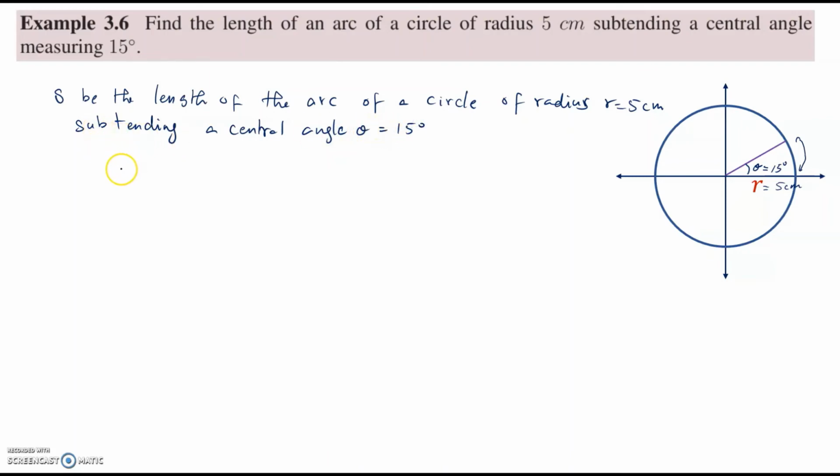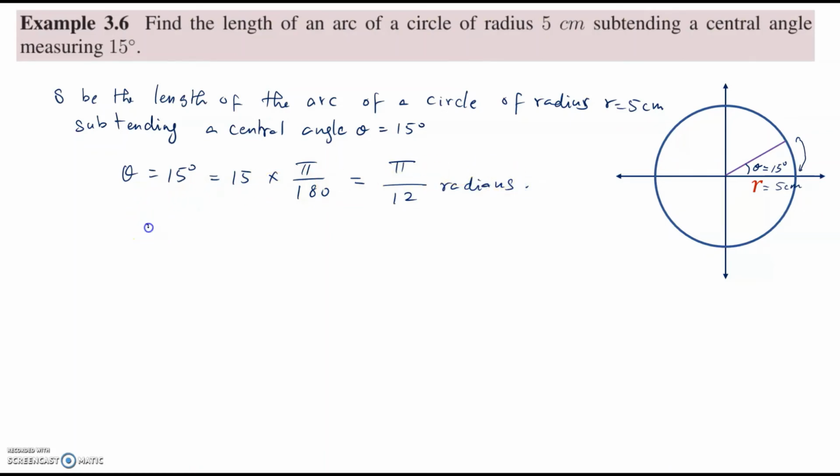Then we have theta equal to 15 degrees. So, to convert it into radians, it will be equal to 15 into pi by 180, which is equal to pi by 12 radians.